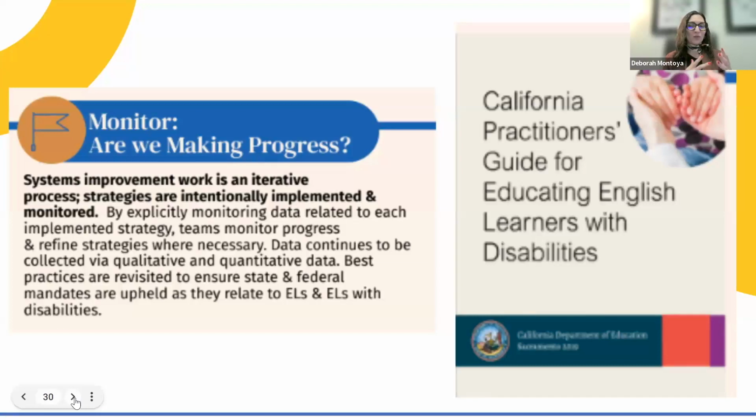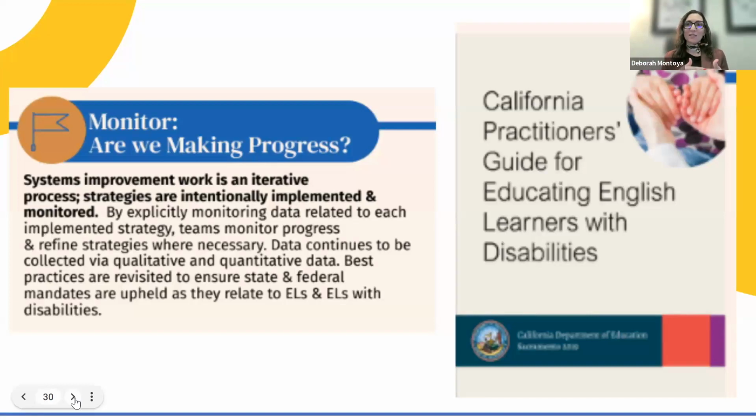When that FPM protocol and we started to look at where are our students with disabilities receiving designated ELD? What was your response at that time? Was that an opportunity then to engage with your special education director or special education coordinator about how can we work together to ensure that all students with disabilities are receiving designated ELD?